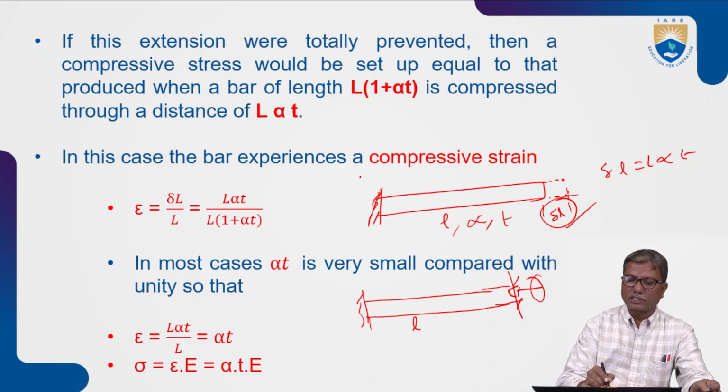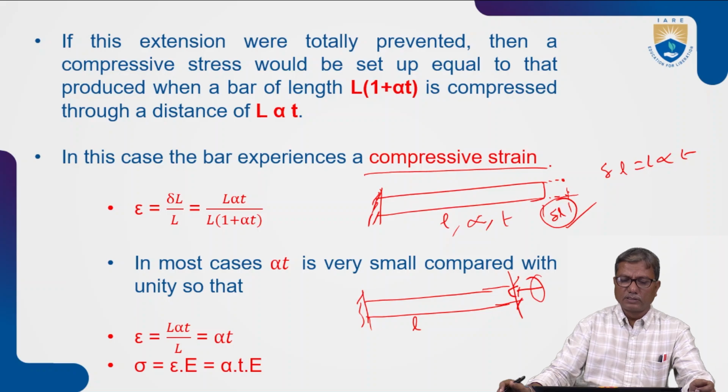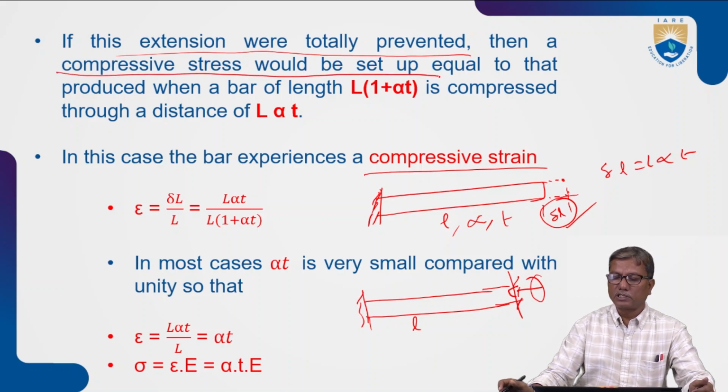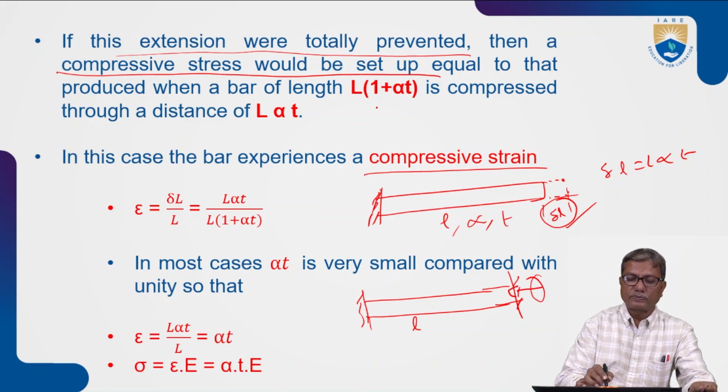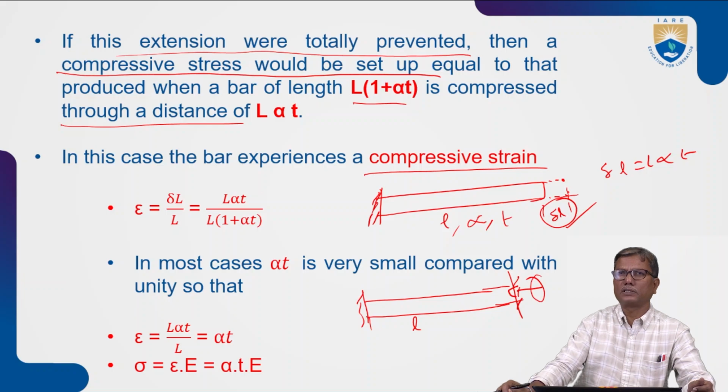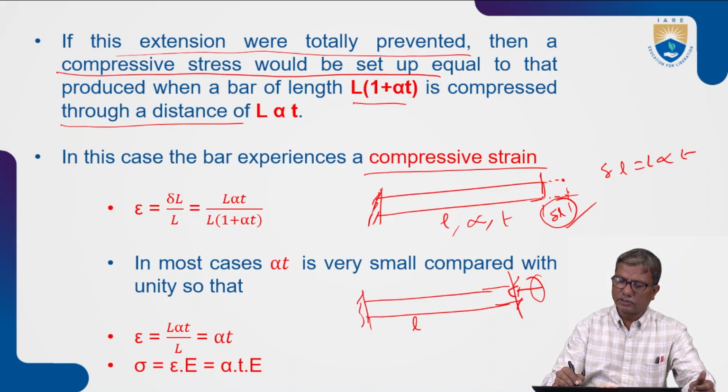So here, if the bar experiences a compressive strain, that means if the extension is prevented, then a compressive stress will be set up in the material, and that is equal to the force required to compress the bar through a distance L alpha T. That means the support provided here is restraining this expansion, isn't it?